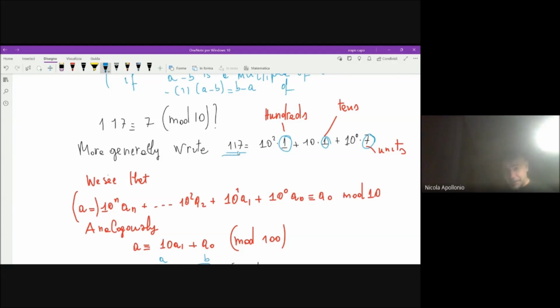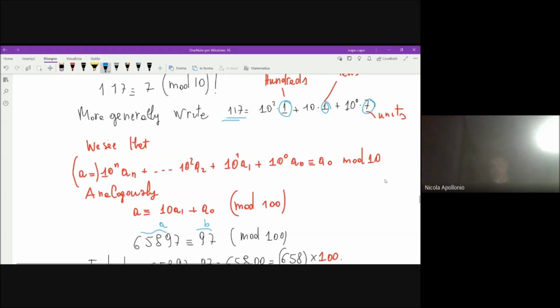However, once you have written 117 in this way, you see that 7 and 117 are congruent to each other modulo 10. But why is this true? Because just subtract 7 from 117 to get 110. 110 is 11 times 10, which is a multiple of 10.